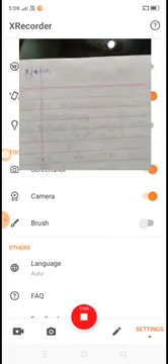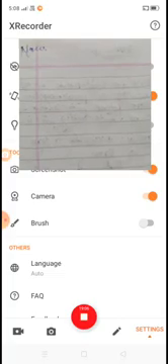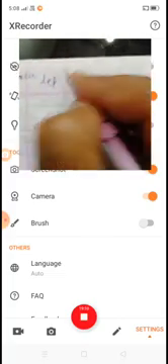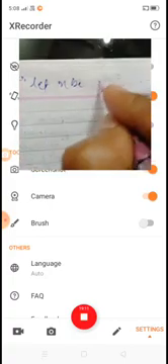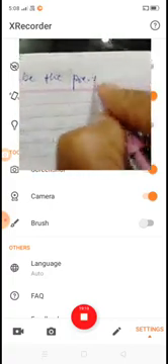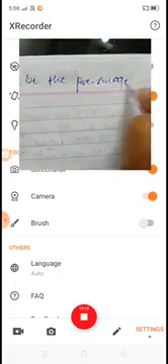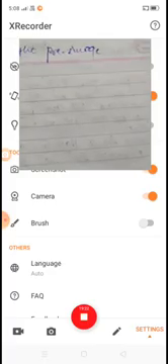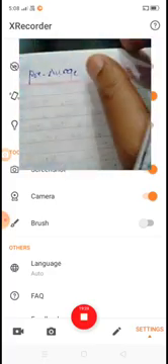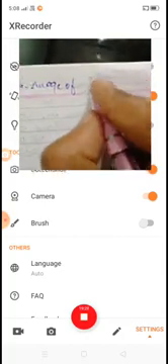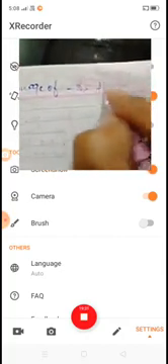Now let x be the pre-image of minus 3. We also find the pre-image of minus 3.